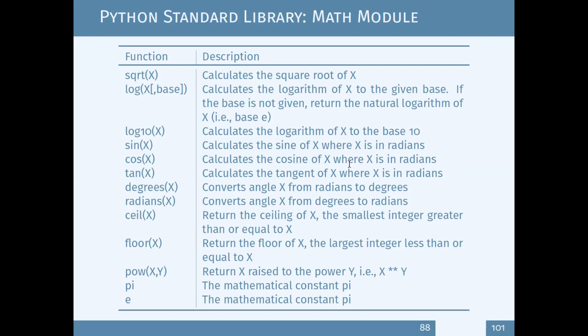And then there are functions available for conversion, because the trigonometric functions assume the angles are in radians, but when you want to use degrees, we need conversion functions. We have degrees and radians. Then we have ceil, floor, and pow, which returns x raised to the power y. And you can even use mathematical constants like pi.